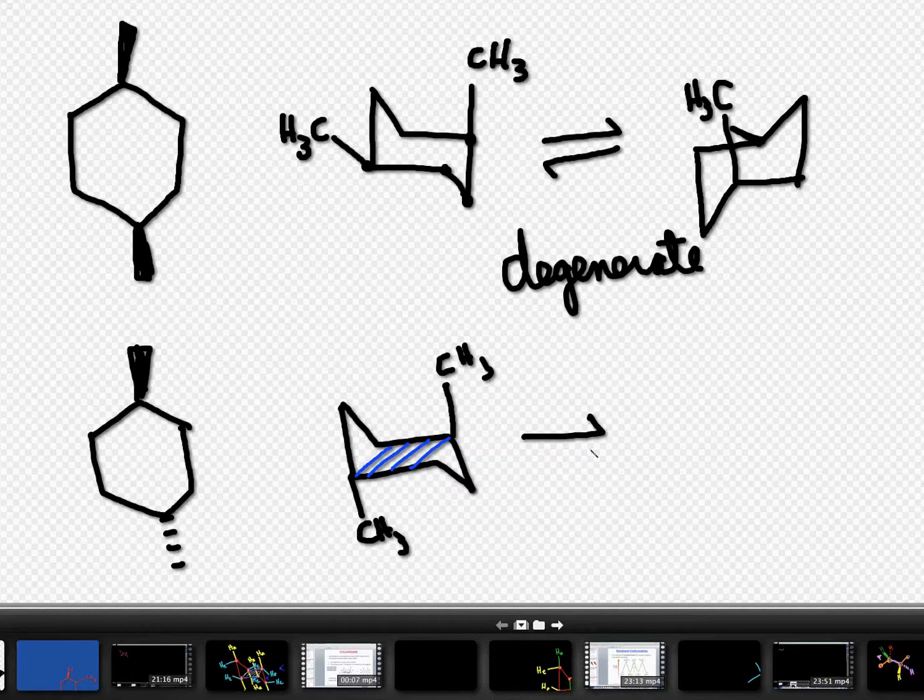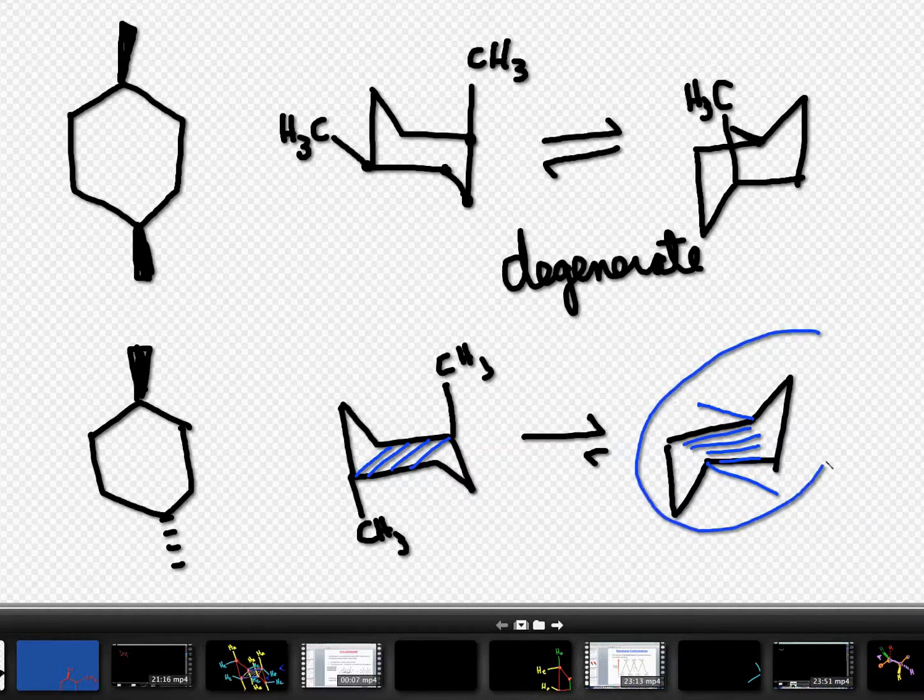So when I do the chair flip, the diequatorial will definitely be favored. Equatorial and equatorial. So when it's 1,2 or 1,4, trans is favored over cis. When it's 1,3, cis is favored over trans.